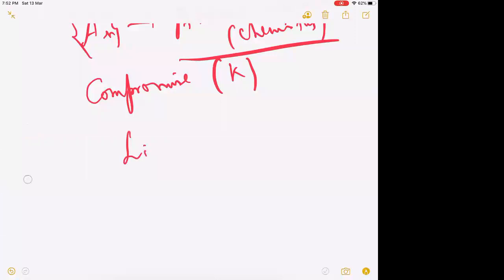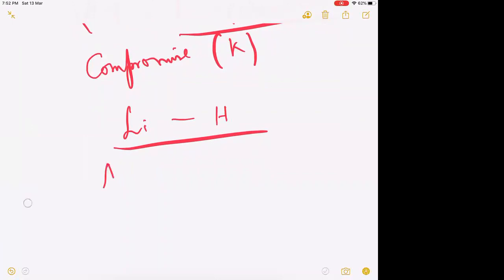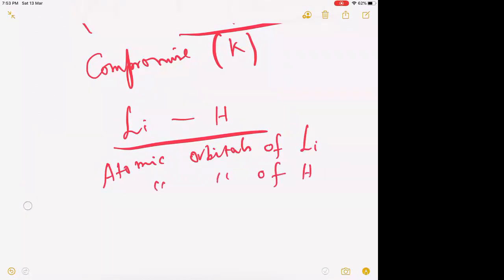Let me say I take lithium hydride, a very simple diatomic molecule. So what does the basis set now look like? It must have atomic orbitals of lithium. It must also have atomic orbitals of hydrogen.